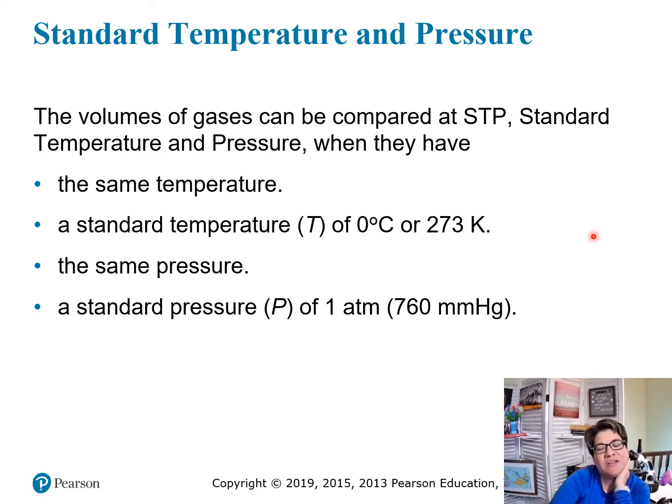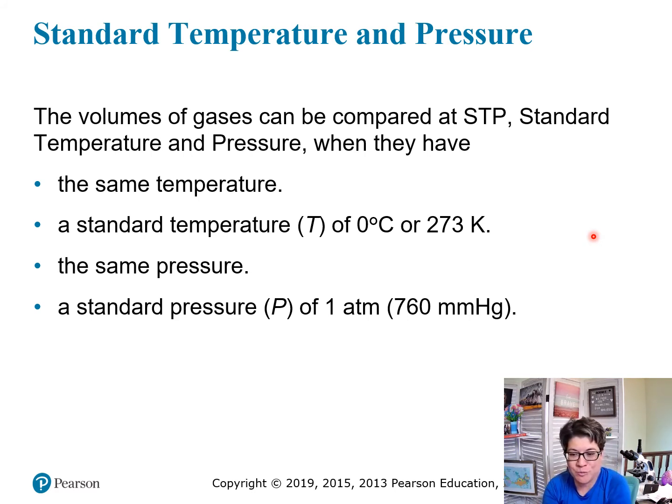So this constant pressure and temperature that I'm talking about is STP, and you have to have it at the same temperature. That standard temperature is usually 0 degrees Celsius or 273 Kelvin, and then your standard pressure is usually 1 atmosphere or 760 millimeters of mercury. So at those standards, 22.4 liters is 1 mole. If it's at another temperature or pressure, then it'll be different.